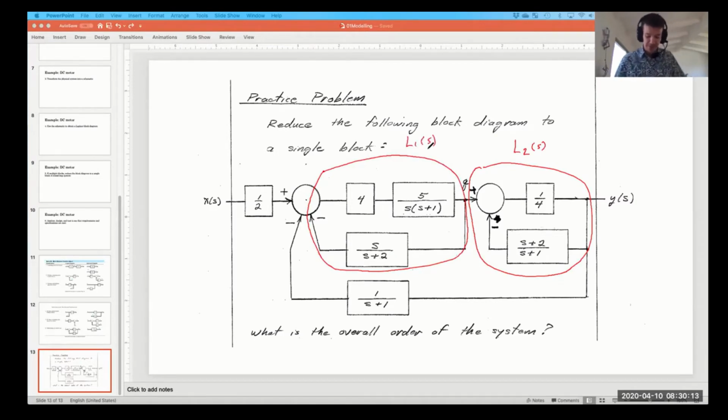And if I were to simplify loop 1 and loop 2 into single blocks, then I think I could express the rest of the diagram as follows. 1/2 into a summing junction that goes into loop 1 and then into loop 2. And then the output of that is y of s. And then there's a feedback between y of s and this summing point here. So that gets its own little mini transfer function.